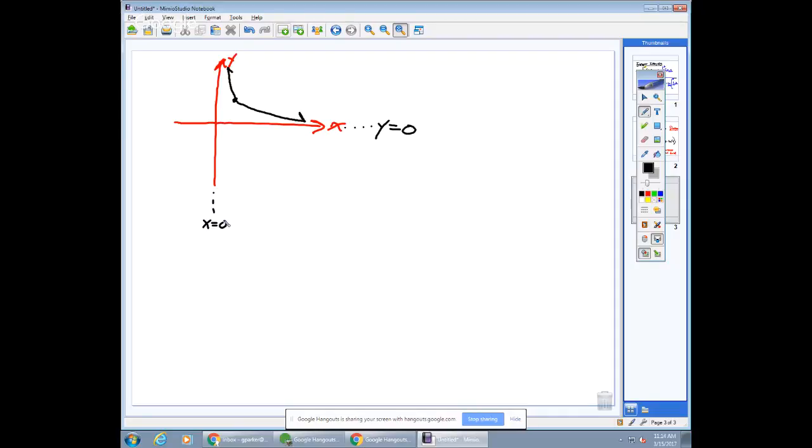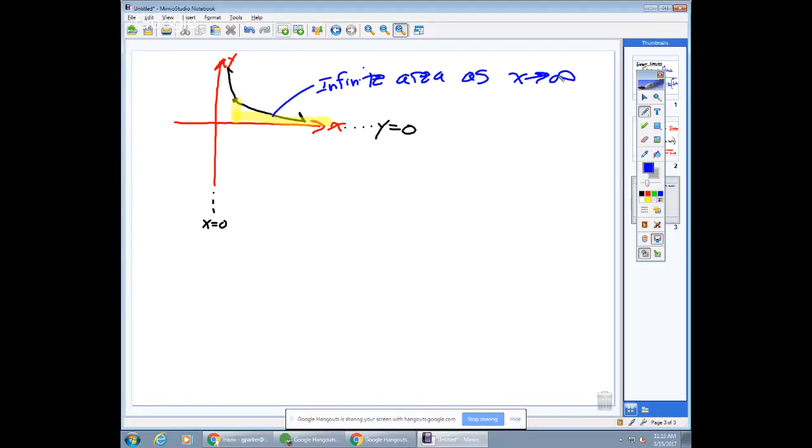And we've just found that the area from here that way forever is infinite. There's an infinite amount of area here. So as x gets bigger and bigger and bigger, we get more and more area forever and ever and ever.